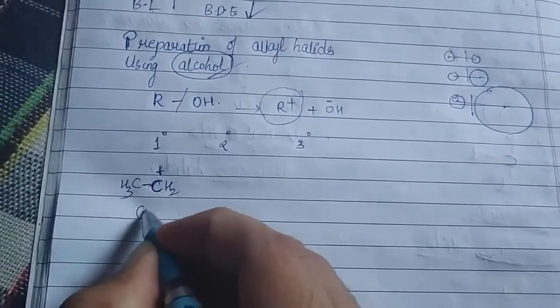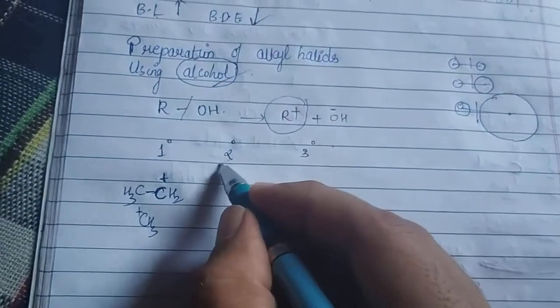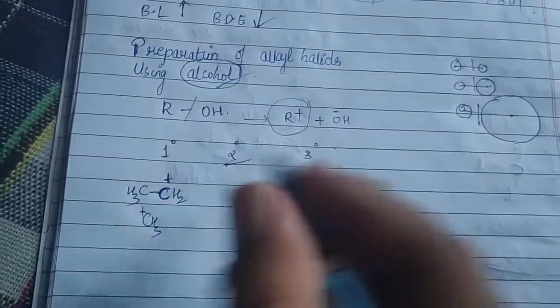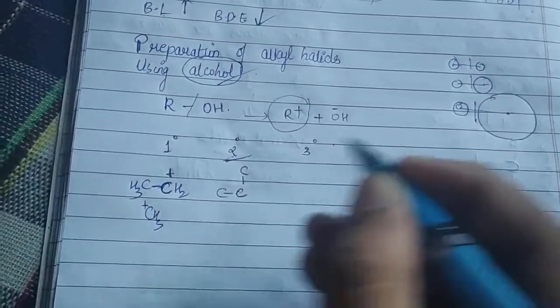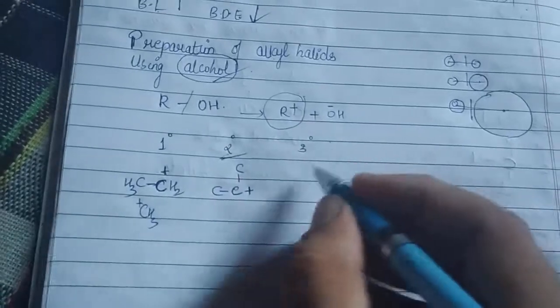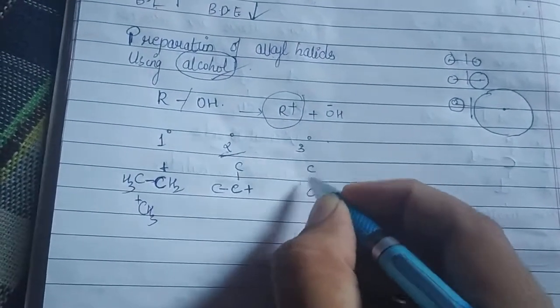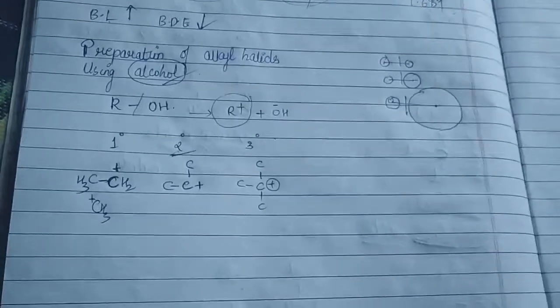Similarly, CH3 plus is also a primary carbocation. Coming to the secondary carbocation, it is the carbon which is bonded to two other carbon atoms. The carbon which is bonded to three other carbon atoms is called the tertiary carbocation.